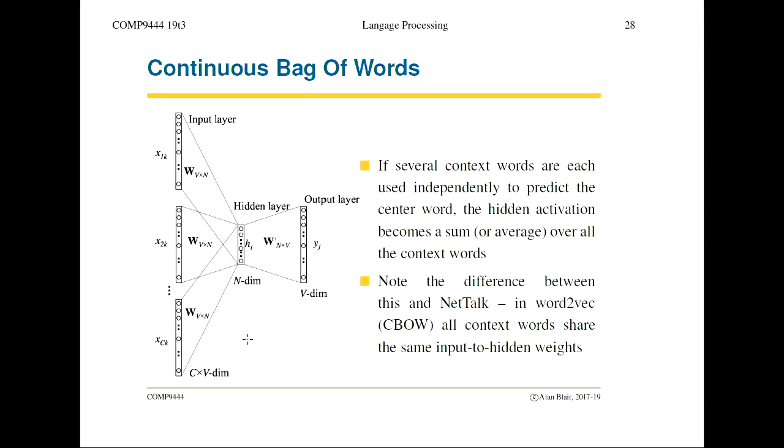So effectively what we're doing is we take the vector representation of each of those words and add them all together. So we're adding together the 10 words, and this mixed hidden unit in the middle is like an average over those 10 words, and from that we're trying to predict the middle word.